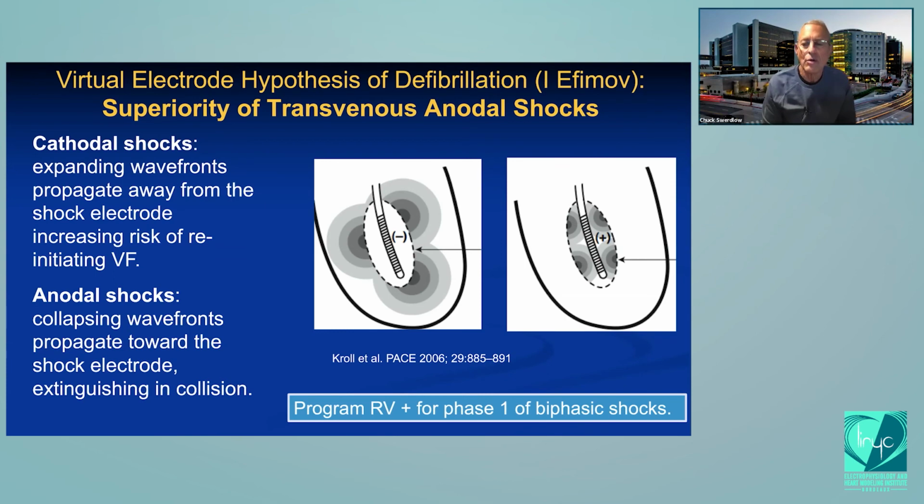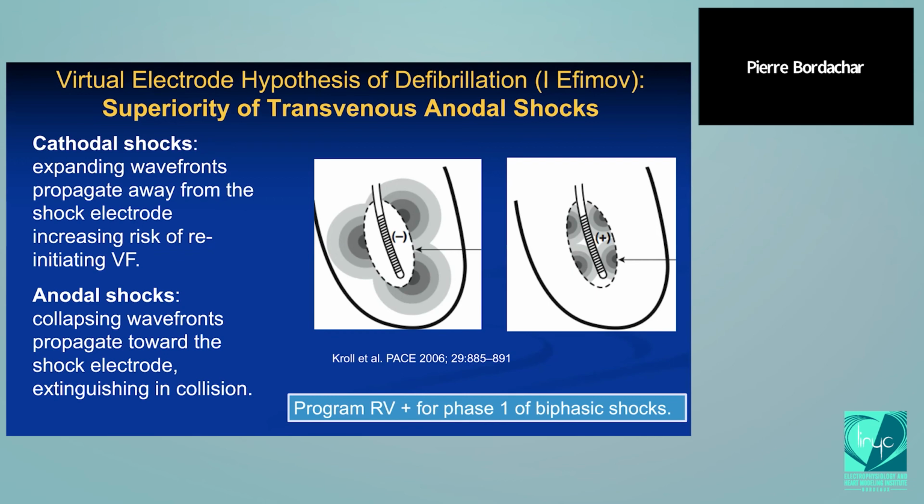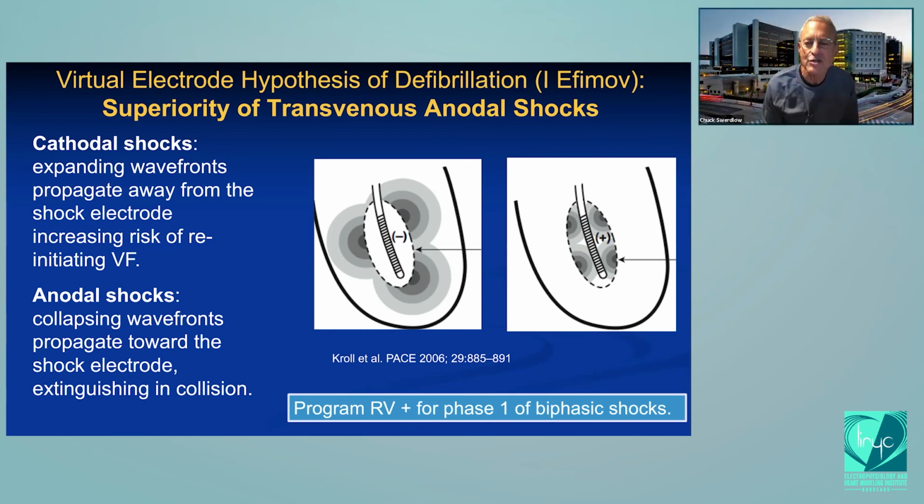Right. So I think the question is, all manufacturers except Boston Scientific have anodal shocks. Every manufacturer has its quirk. The polarity Boston uses and their circuitry was originally designed when they were a pre-existing company called Guidant.